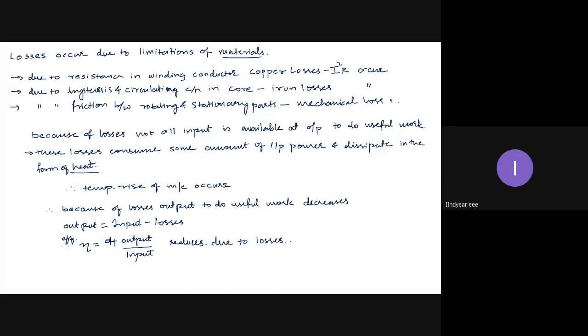Okay. So there are three types of losses we have in a DC motor. Let this be a motor.